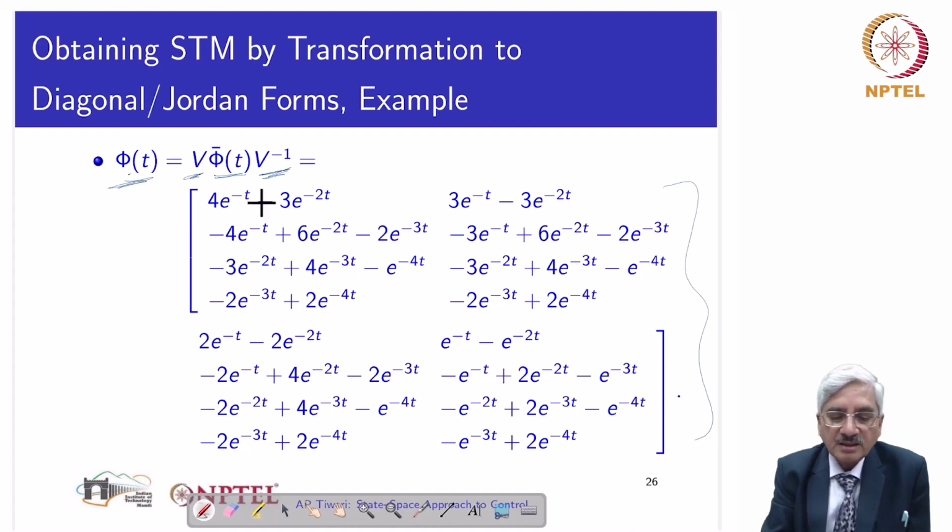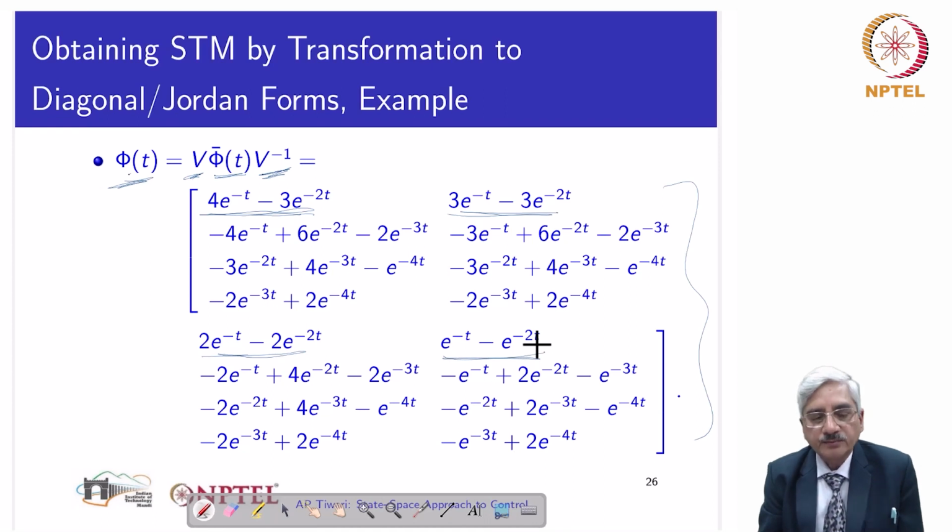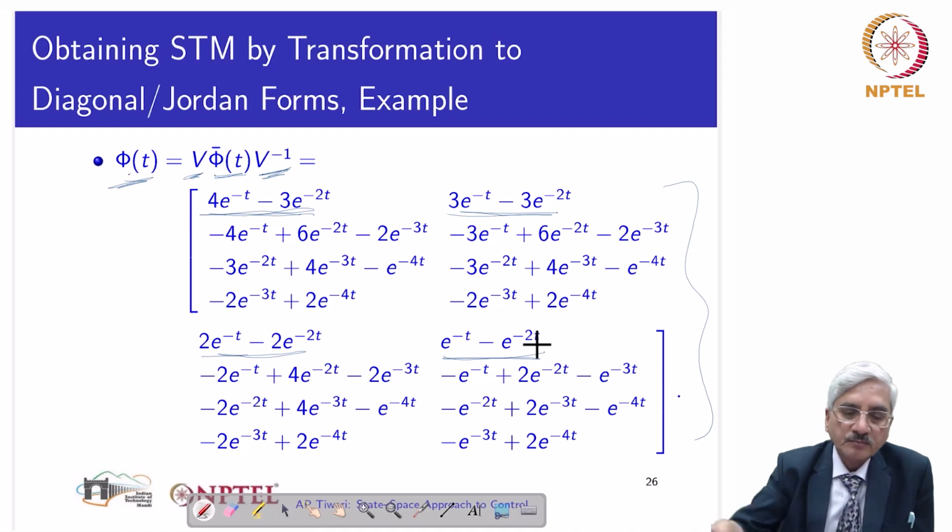So we do that by substituting t equal to 0. We obtain this diagonal entry as 4 minus 3, which is 1. This will be 3 minus 3, which is 0. 2 minus 2, 0. 1 minus 1, which is 0, and so on. That is the least one can do after computation to be confident of mathematical manipulations, which are generally prone to errors.